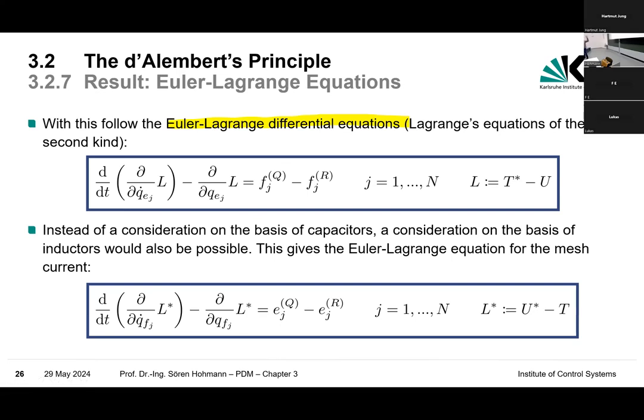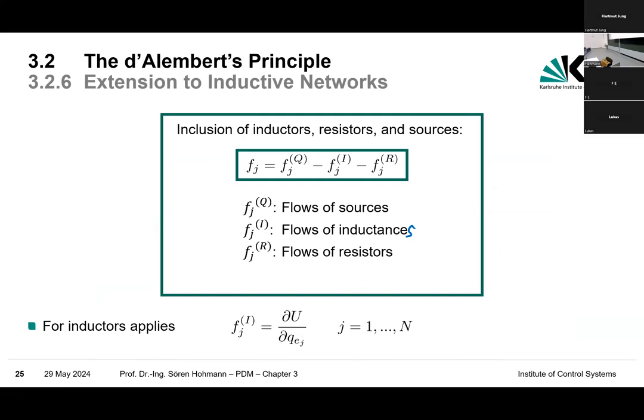This is the way we can do it. With that, you have everything in your hand. You just formulate, and it's the very same. U is the sum of all storage elements. Again, I wasn't very clear, and U should be defined here.